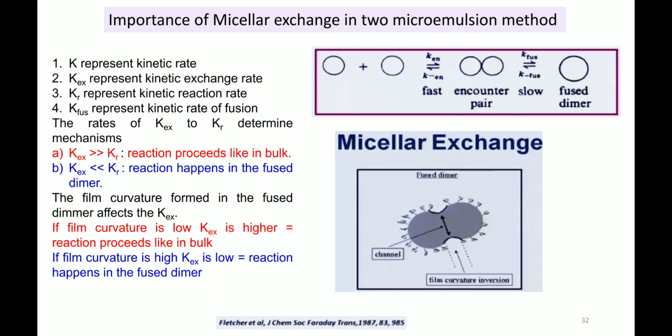If the film curvature is high, meaning the curvature is deeper, then K exchange is low and the reaction happens in the fused dimer. So this film curvature is going to change depending upon how they collide with each other and how their coalescence takes place. It depends upon the momentum of collision.